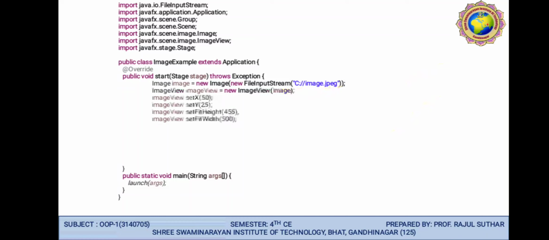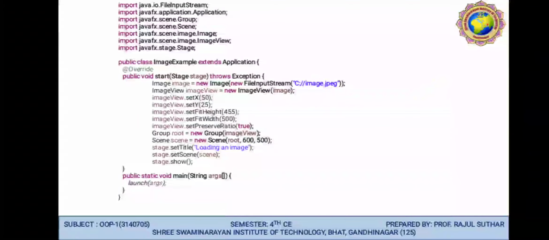Here height and width you can also mention by using setFitHeight. So the image will be displayed with a height of 455 and a width of 500. ImageView.setPreserveRatio, we can apply the preserve ratio true or false. Group root is equal to new Group(imageView). Scene is equal to new Scene. We require root and values 600 and 500.